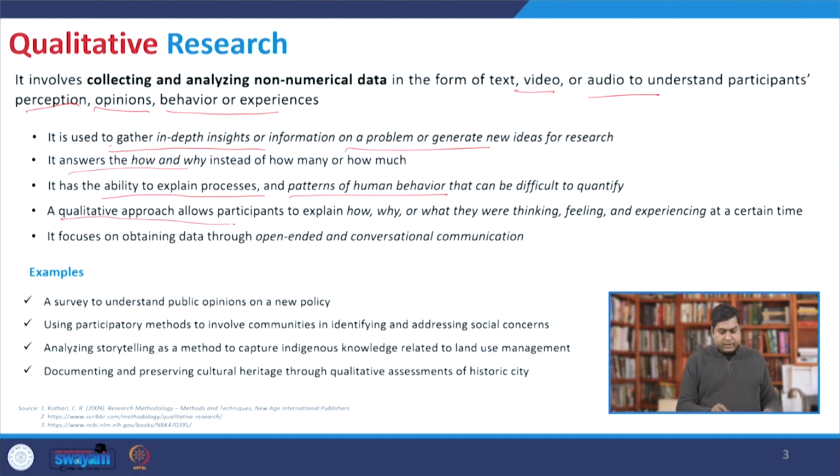Qualitative research also allows participants to explain how, why, and what they are thinking, feeling and experiencing. So it can be an open-ended or a close-ended questionnaire survey kind of approach. Now when you interact and ask about the current issue of climate change or global warming, you interact with certain experts and try to understand the key considerations.